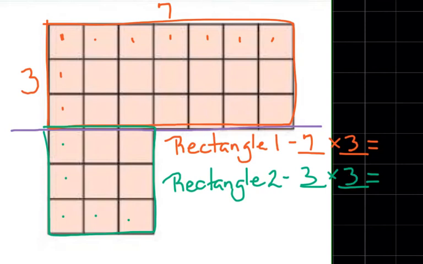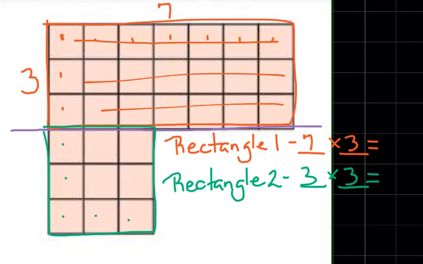So 3 times 3. Now for the 7 times 3, it's already set up as an array. You could count all of the squares in here, or you could do 3 groups of 7, however you want to do it. But however you do it, 7 times 3 equals 21. And then 3 times 3 equals 9.